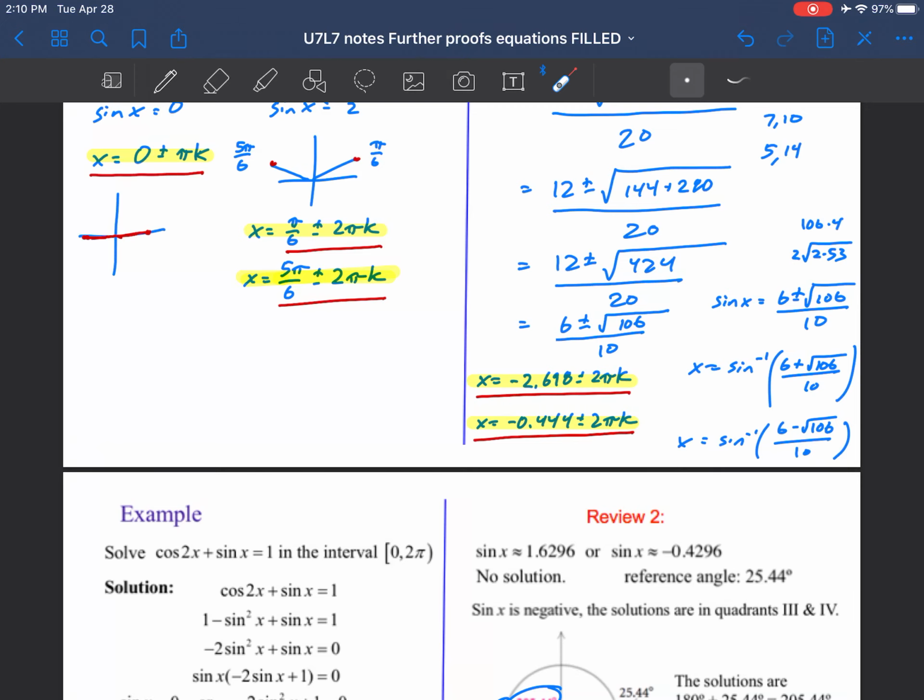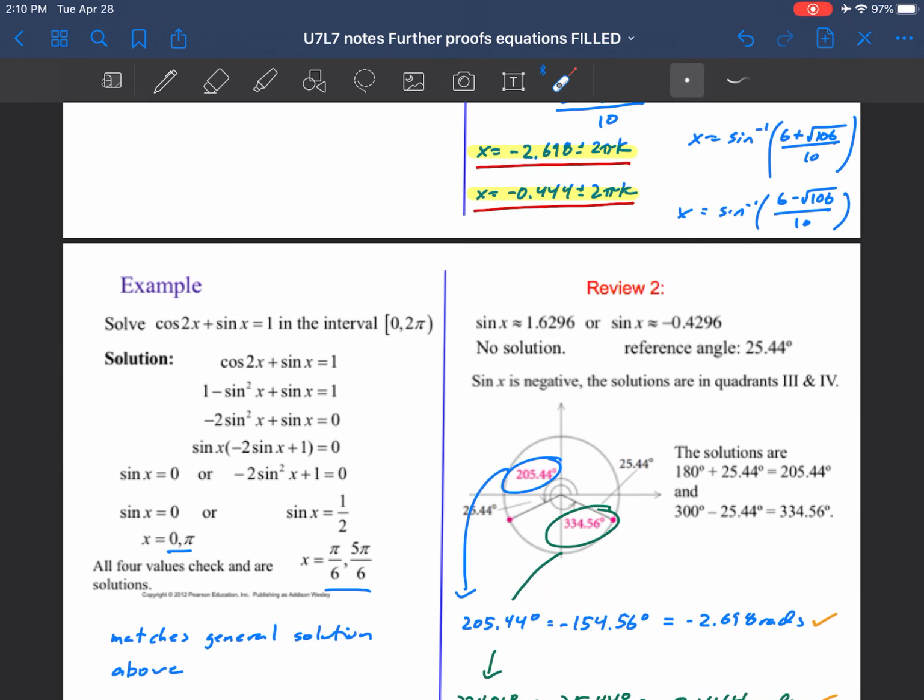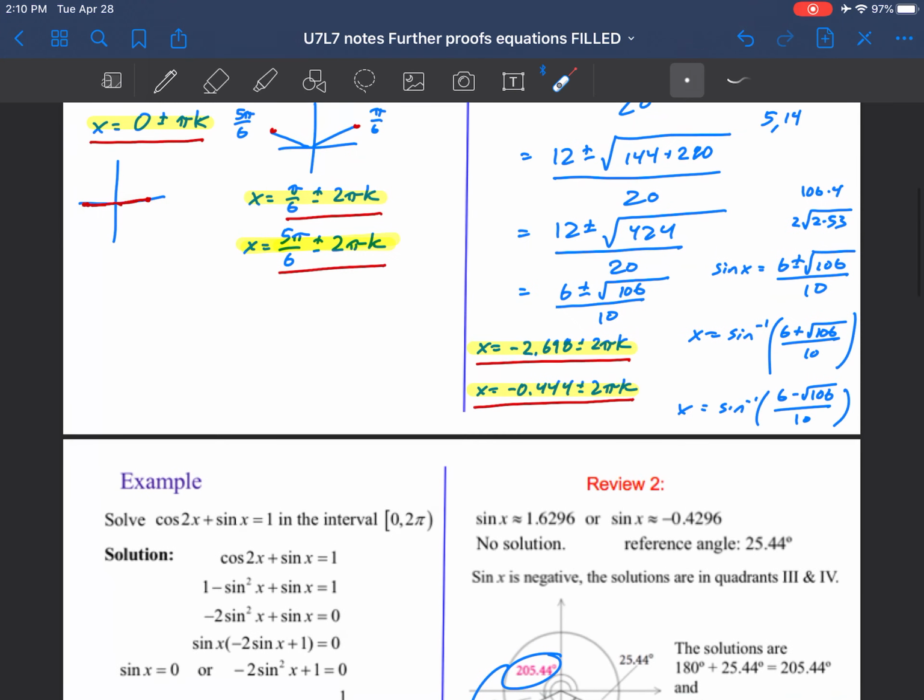The reason I convert it to a negative is because sine inverse is only going to find answers between negative pi over 2 and pi over 2.